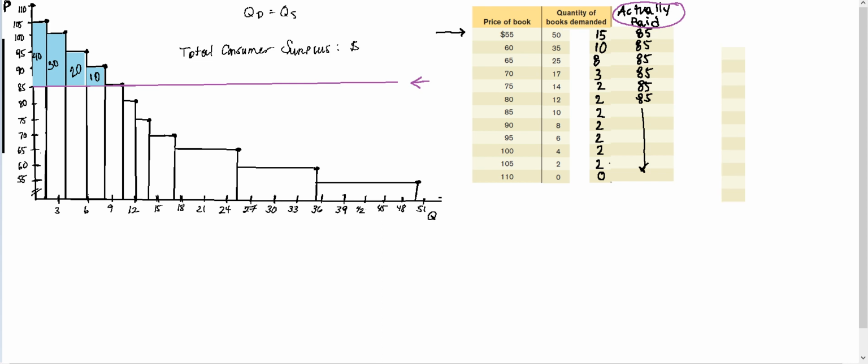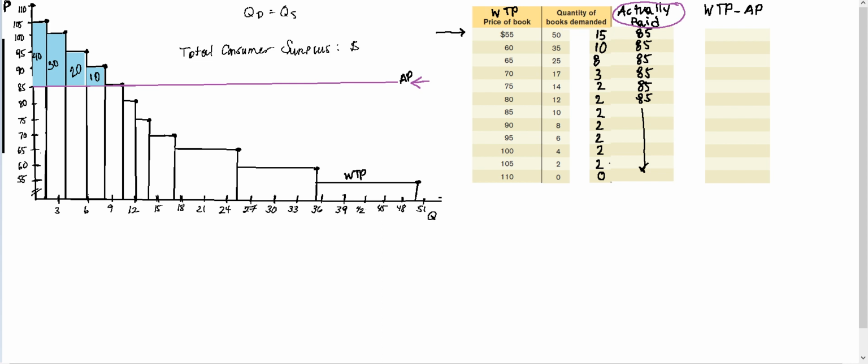So willingness to pay minus what they actually paid, that purple line right there. Well, we know that until we get to a willingness to pay of 85, no one is buying. So no one is buying until we get to the willingness to pay of $85, which ends up being here. And here the willingness to pay is the same exact thing as the ability to pay, and so it's 0.